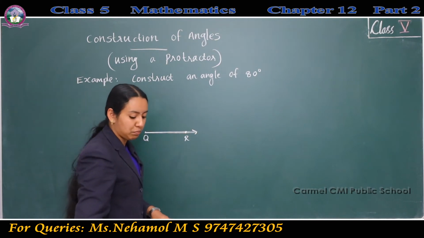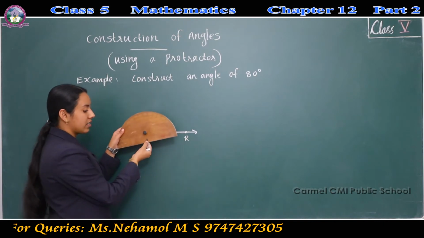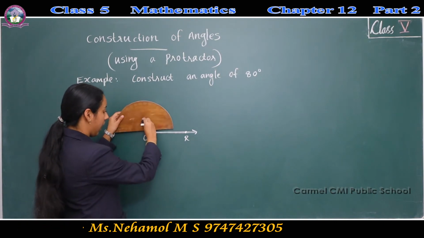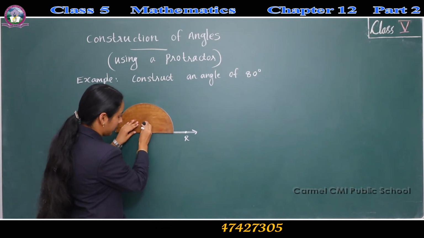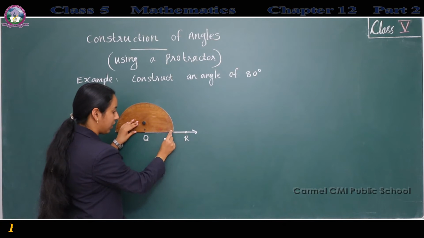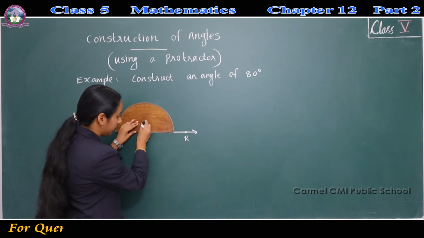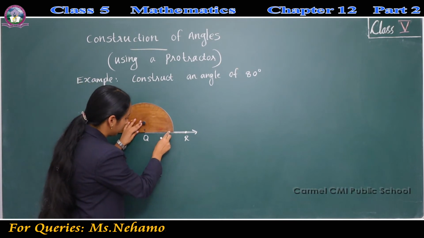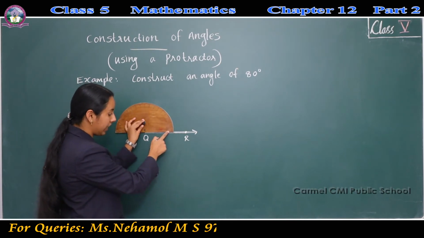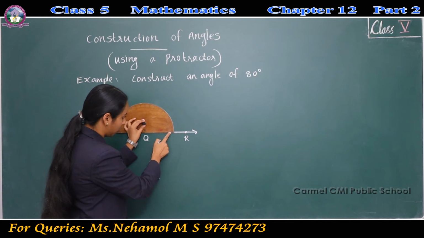Then take the protractor and place its center at Q. Adjust the protractor so that the baseline of the protractor coincides with QR. Then follow the scale whose 0 degree lies on QR.